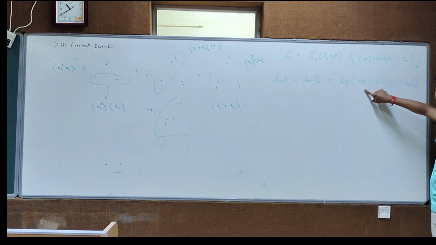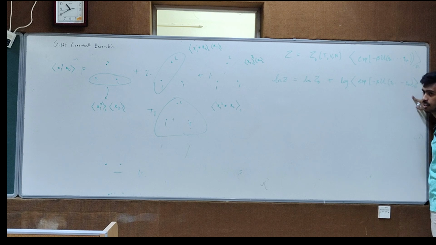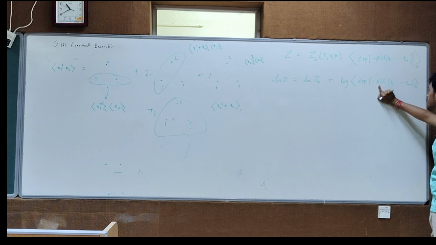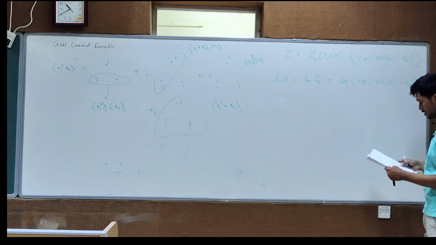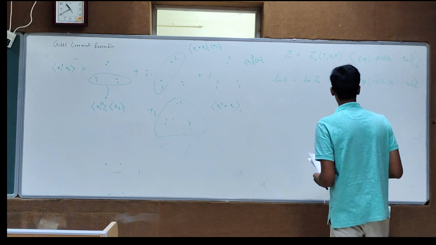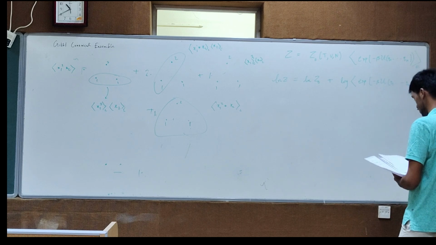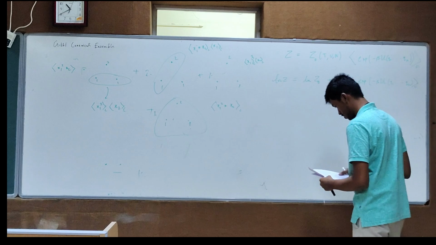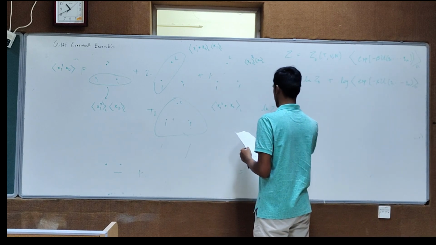This pretty much looks like the cumulant generating function, right? Just that the ik is substituted by minus beta, and so you would have a power series of beta. So ln z would turn out to be this.